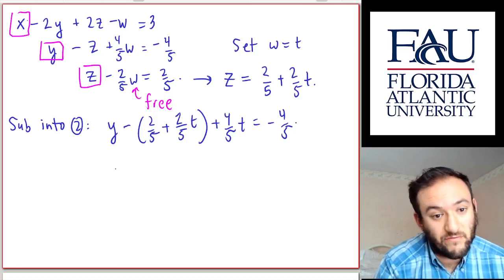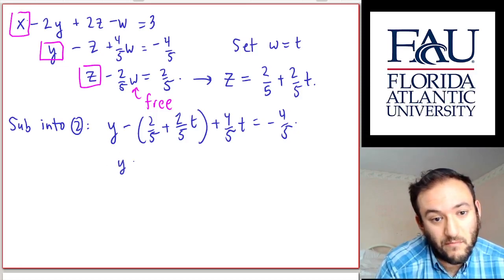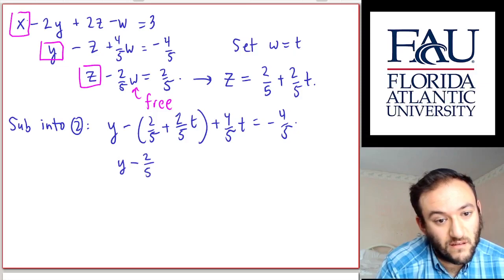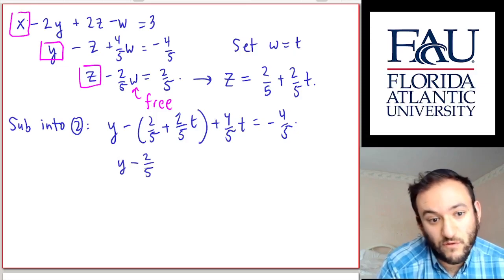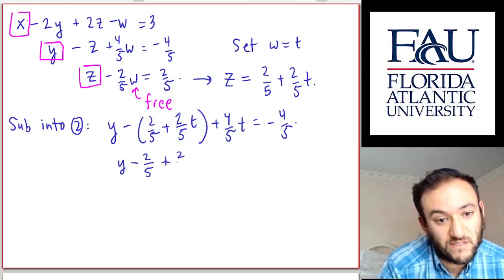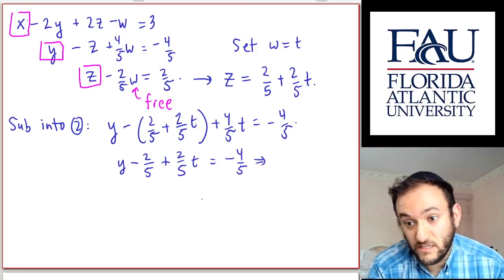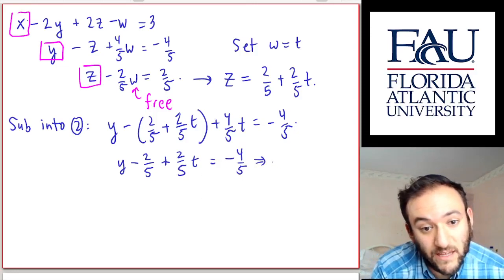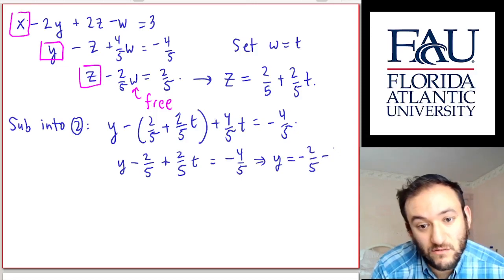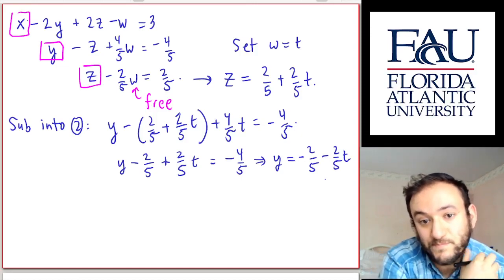Simplifying this, we have y minus 2/5, then minus 2/5 t plus 4/5 t is plus 2/5 t, equals minus 4/5. And then moving everything to the right-hand side besides y, we get y equals minus 2/5 minus 2/5 t.